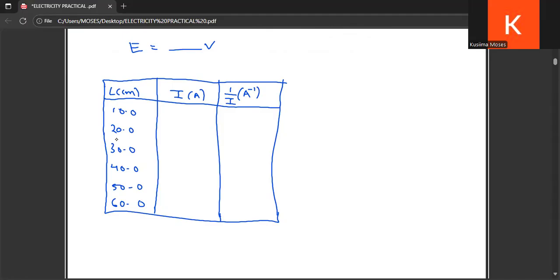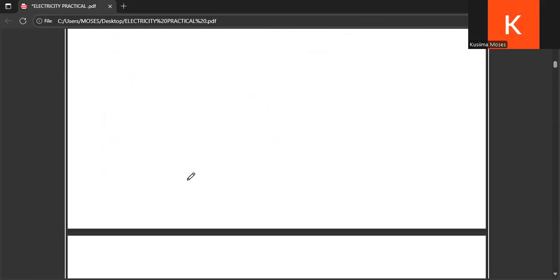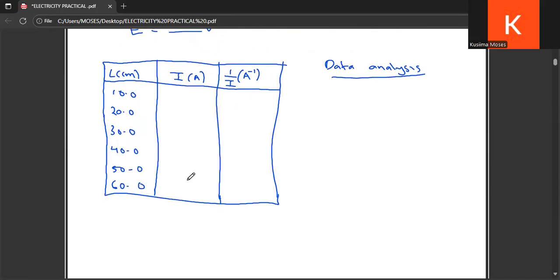Now, when the table is done, what follows is data analysis. Whatever you're doing here is like a plan for our practical. So you do the table, leave some space for calculating the slope, calculating K, getting R, and leave enough space there. Then what follows is sources of errors.